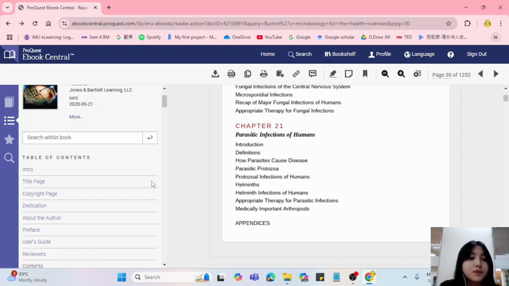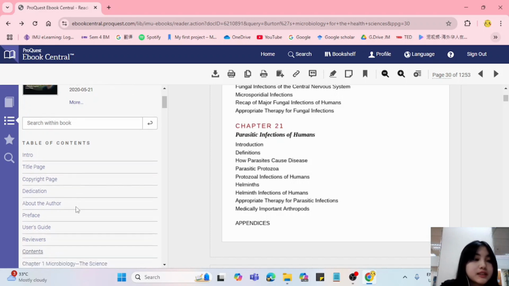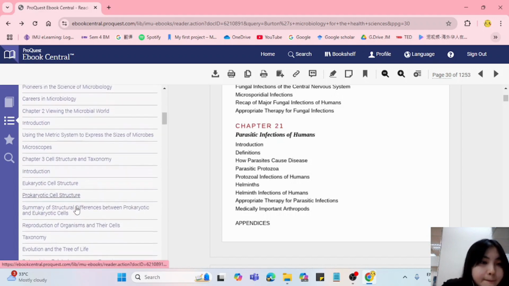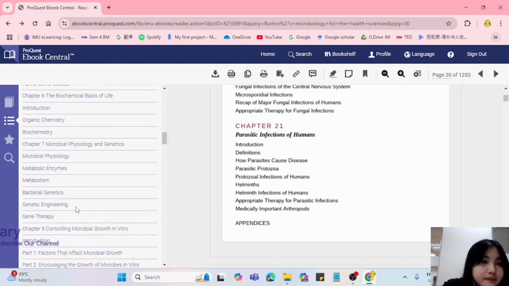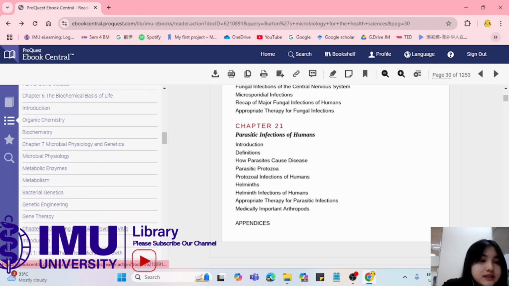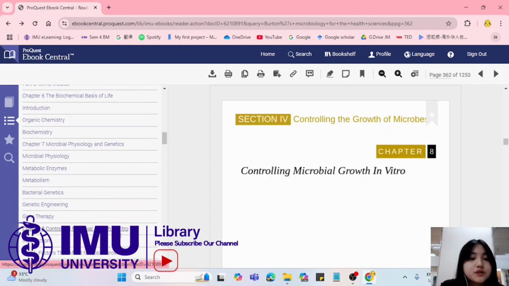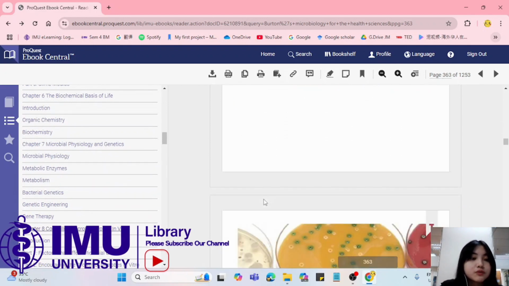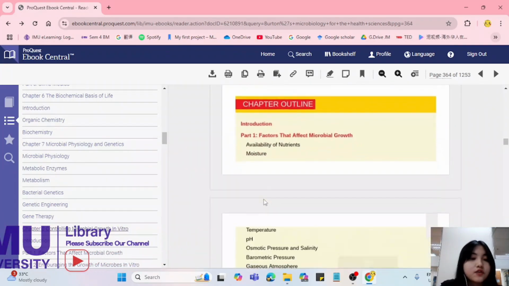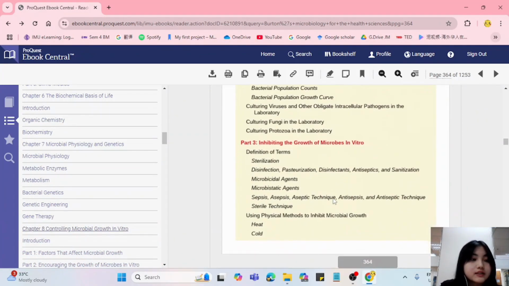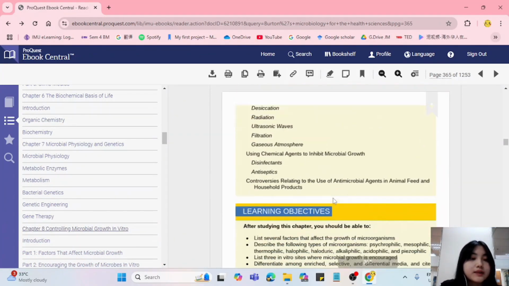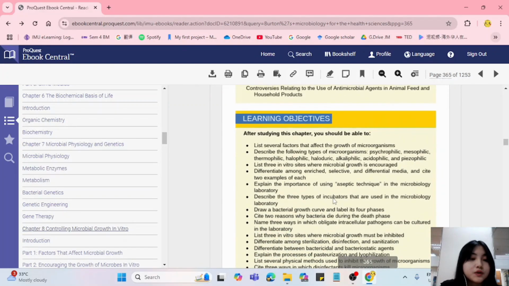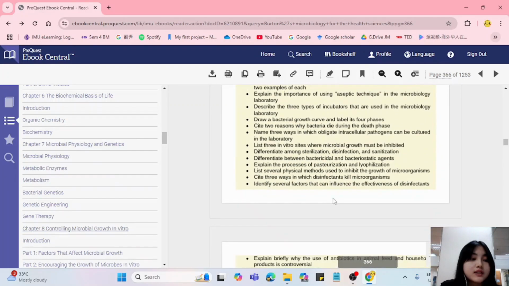One of the most insightful chapters in this book is Chapter 8, Controlling Microbial Growth in Vitro. This chapter provides a comprehensive overview of techniques used to inhibit or eliminate microbial growth in laboratories and healthcare settings.